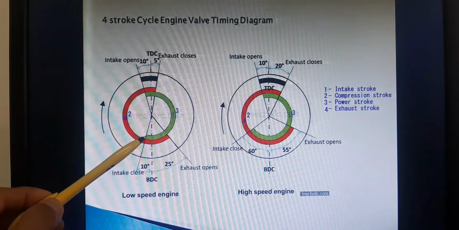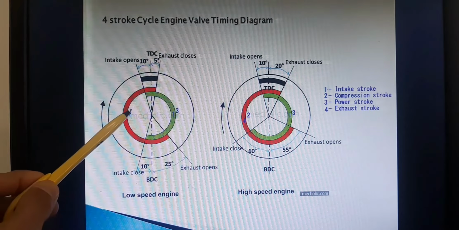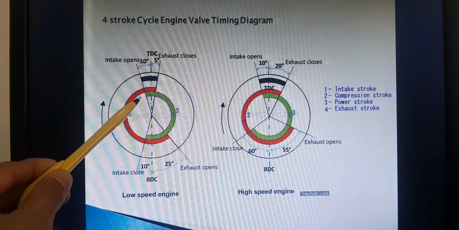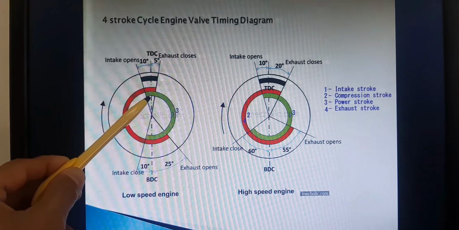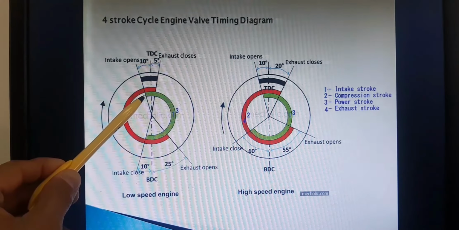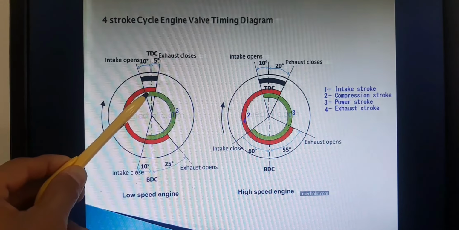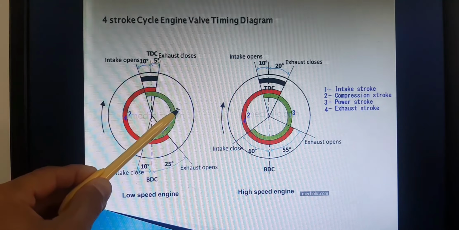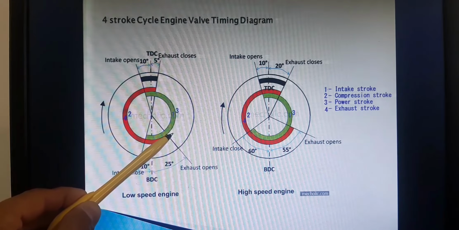From here we have 2 first, compression, and then combustion happens here, from number 3, that is the power stroke.